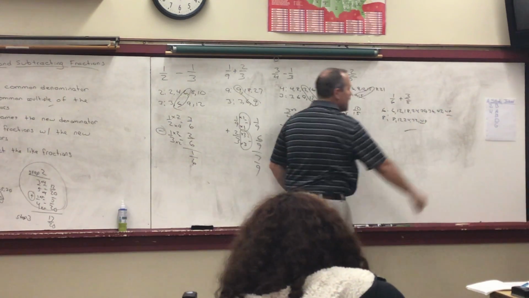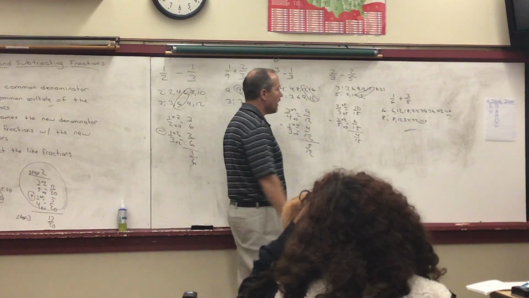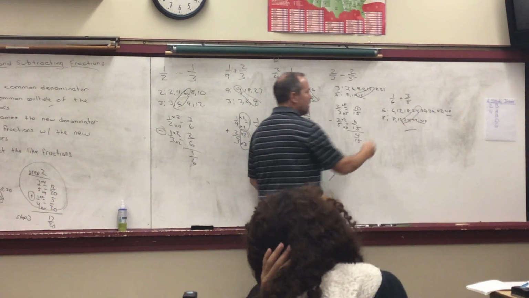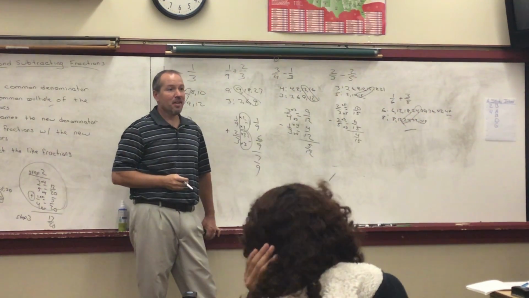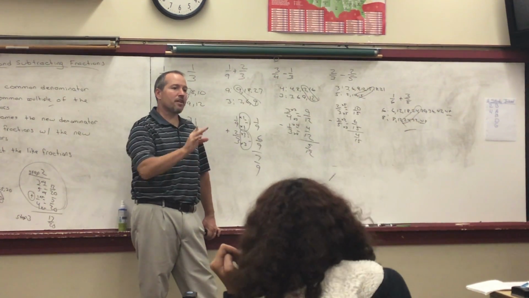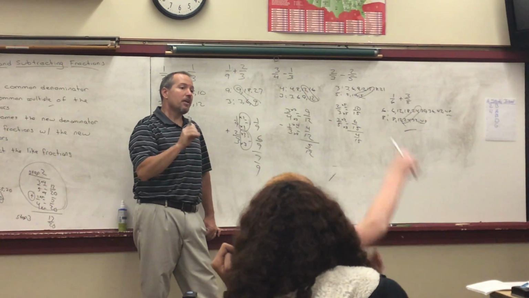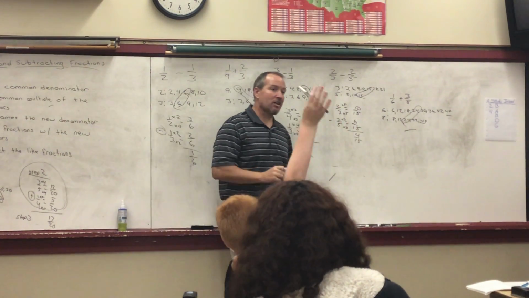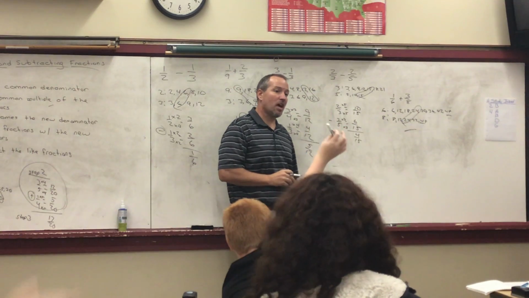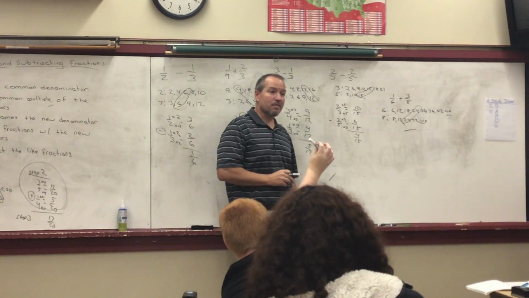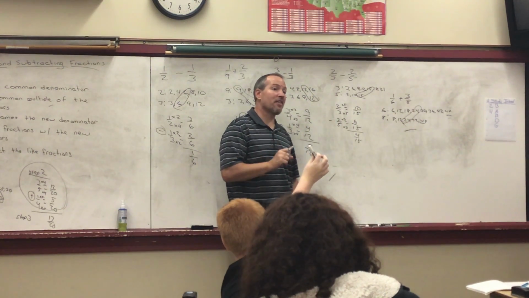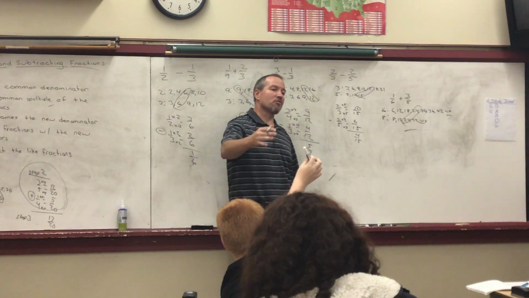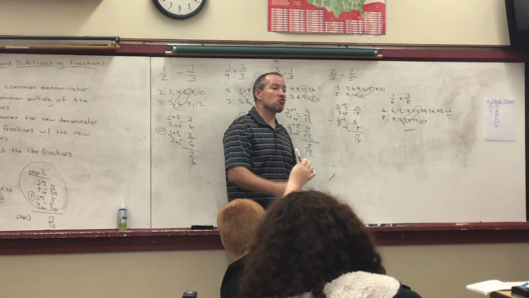Yes, 48 is a common multiple. However, the least common multiple is 24. When you multiply the denominators, it will give you a common one, but it will not always be the least common. When we're adding and subtracting, you want to find the least common, because if not, later on we're going to be doing something that's going to create an extra step.